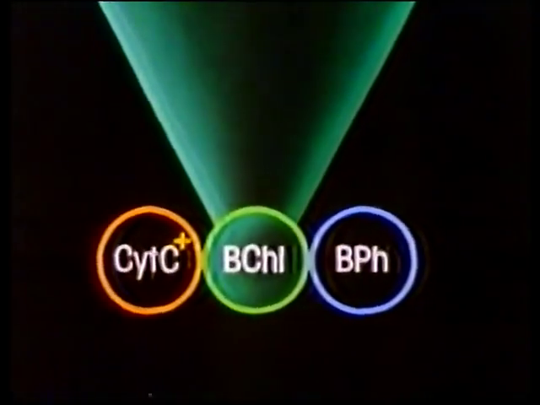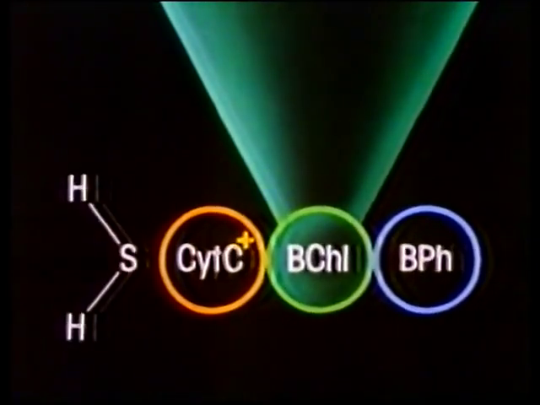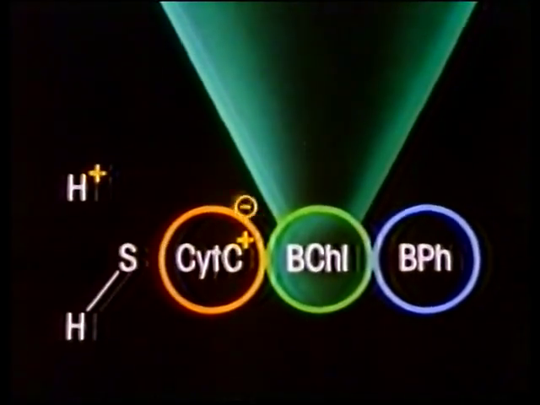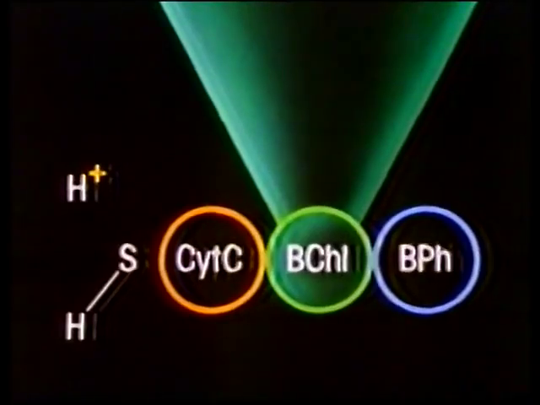In bacteria, the ultimate electron donor is a reducing molecule such as hydrogen sulfide. In green plants, it's water. Many of the details of electron transport in green plants are given in the source text. Here, I just want to summarize the overall scheme.